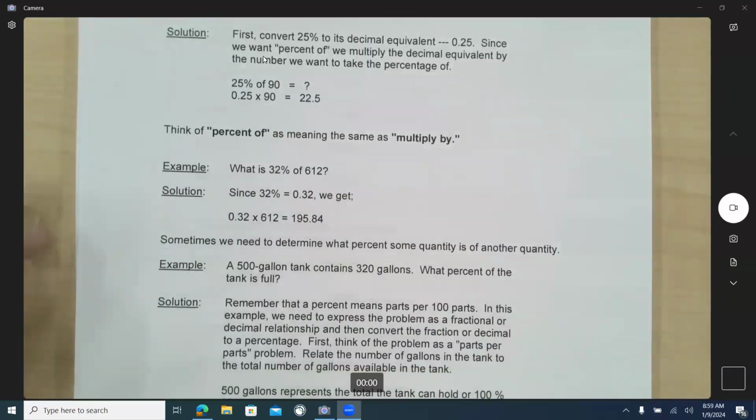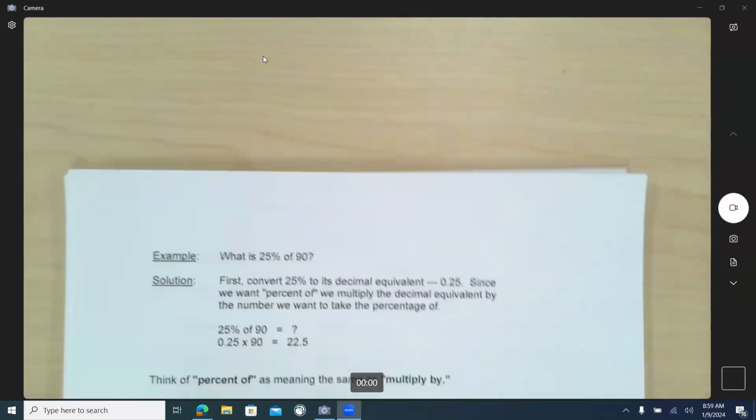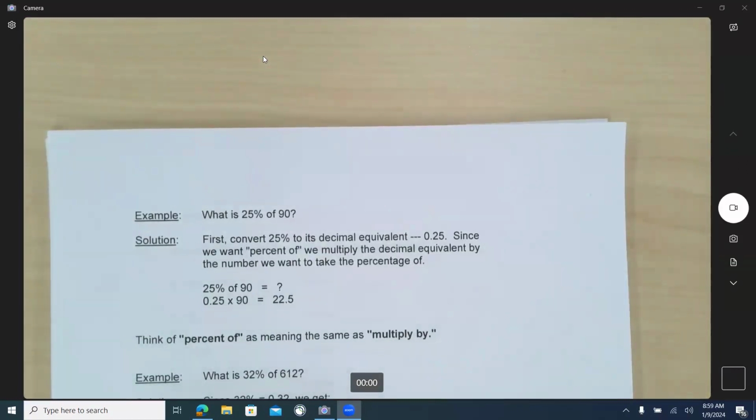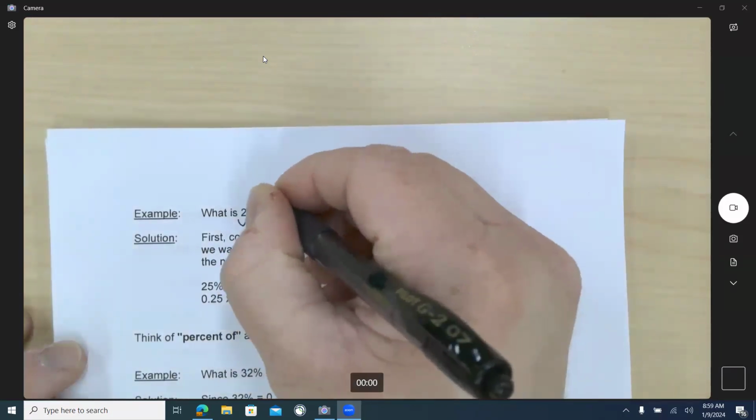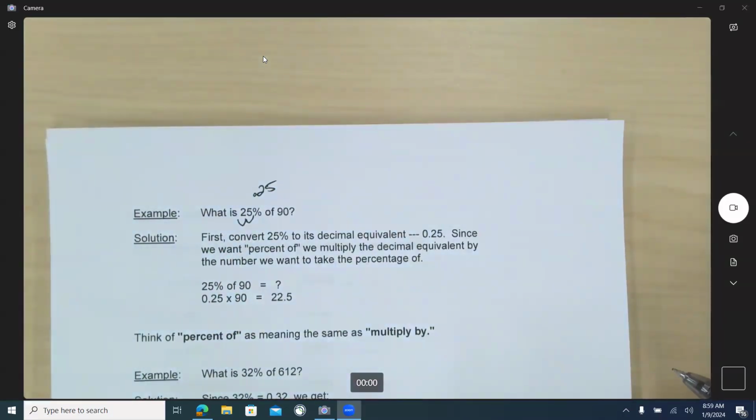All right. So here on the next page, it starts off and says, what is 25% of 90? So the very first thing you need to do when you see a percent is what? First thing we do is convert it to a decimal. Okay. So now when you start to think of a question like this, a percent of question, just like this one where it says, what is 25% of 90?